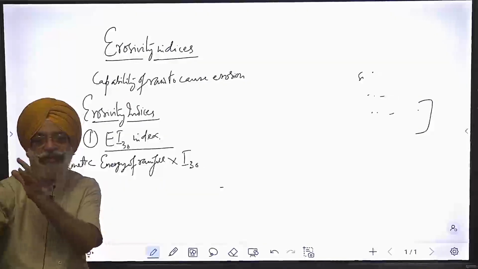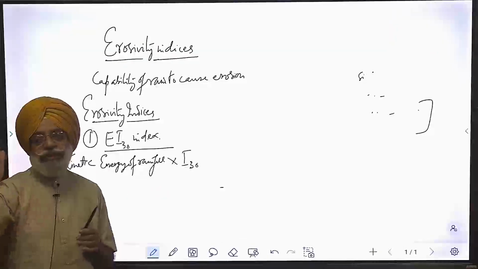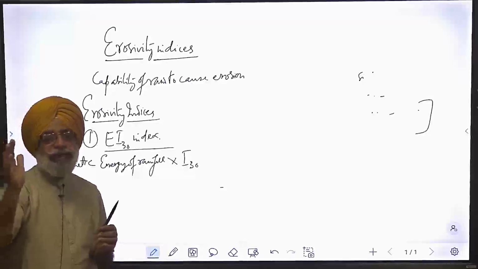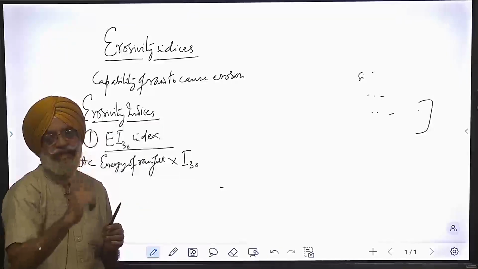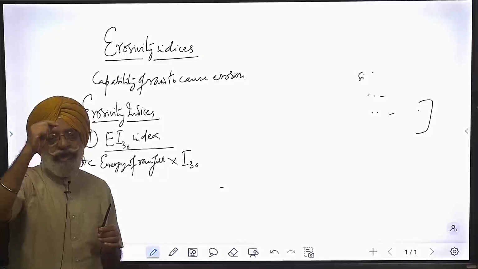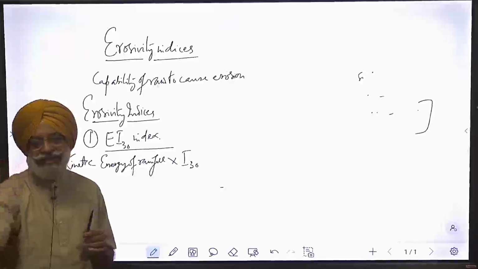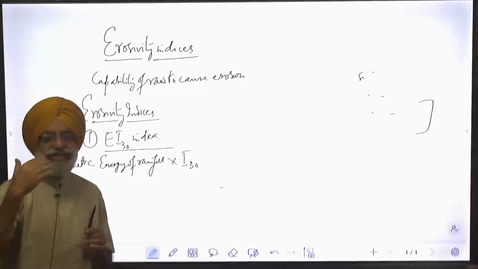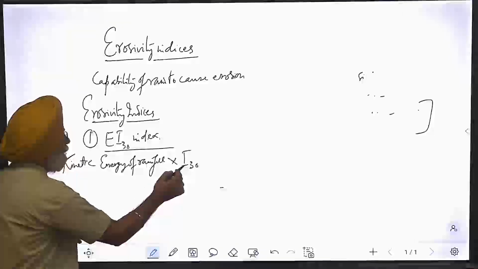Suppose your rainfall has occurred over a period of 2 hours. What we do is break that 2-hour period into 30-minute intervals. So you have four 30-minute intervals, and then we find out the amount of rain that has fallen in each 30-minute interval, and the maximum amount of rain in any 30-minute interval, that is I30.